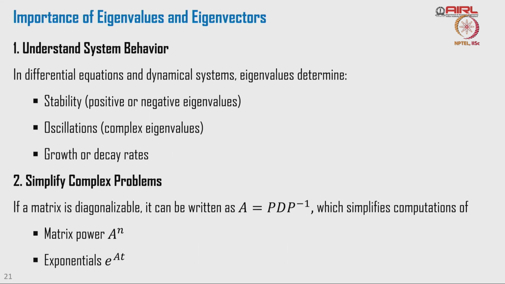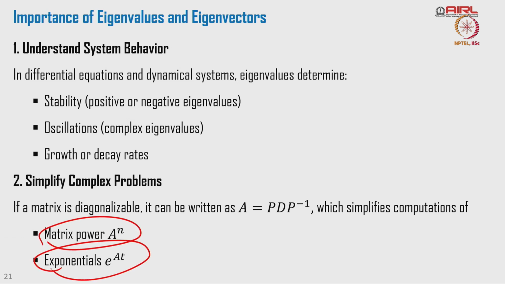So, why are these important and how do these play a role in controls? The main point here is they help understand system behavior. In differential equations and dynamic systems, they help determine stability, oscillations and growth or decay rates. So, one important aspect that we will be looking at when we are looking at drone controls is matrix powers and exponentials.